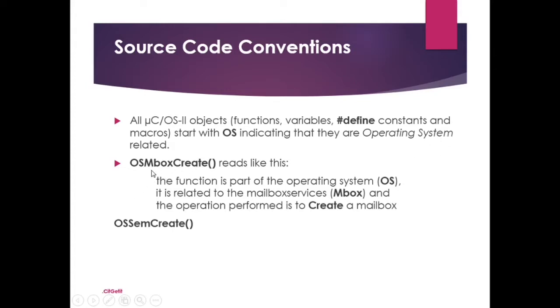For example, consider OSMboxCreate. This function is related to the operating system. Mbox means mailbox services and create means creating a service. In summary, this function is a part of the operating system, it is related to the mailbox, and a mailbox is created.